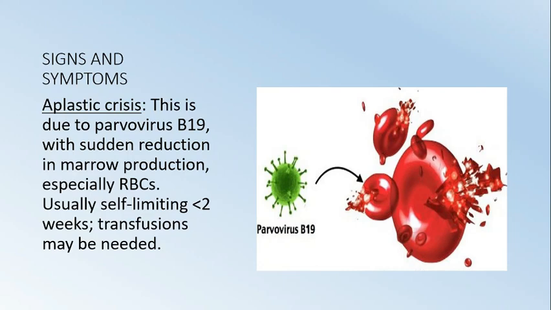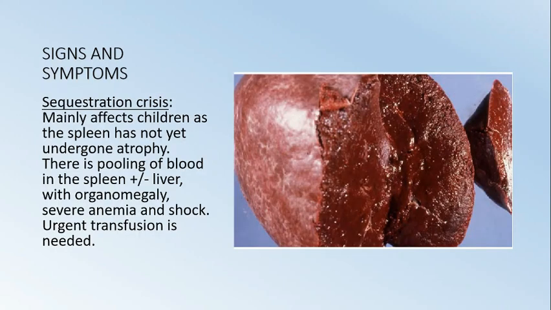So you can see aplastic anemia in sickle cell patients, especially affecting RBCs. It is usually self-limiting, less than 2 weeks, but transfusions may actually be needed. So when there's an aplastic crisis, it calls for transfusion.